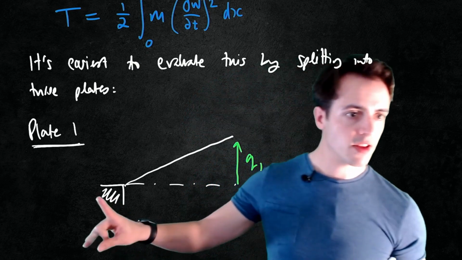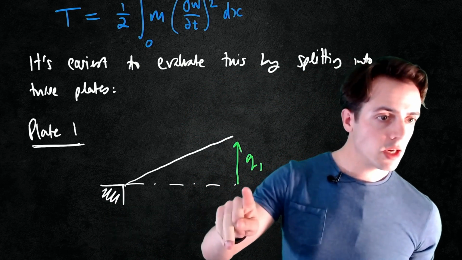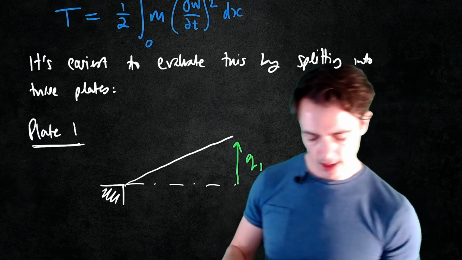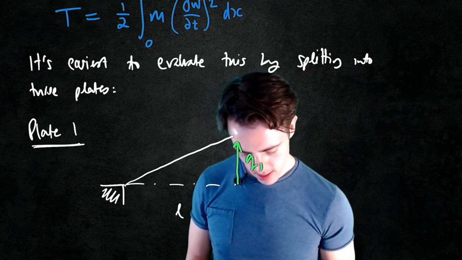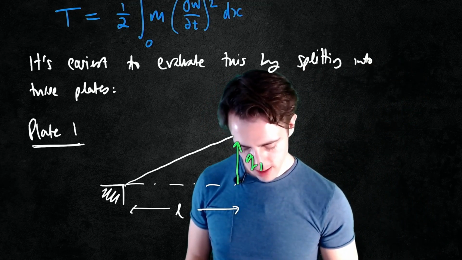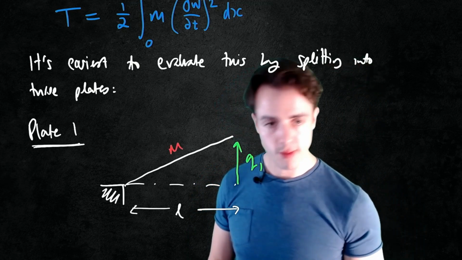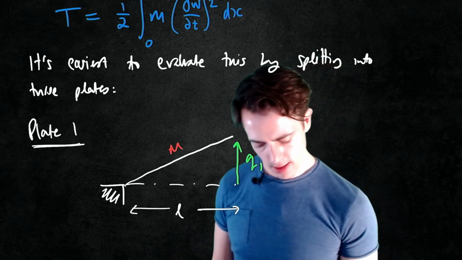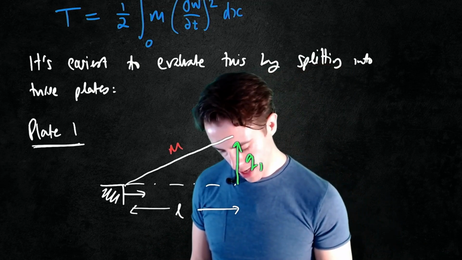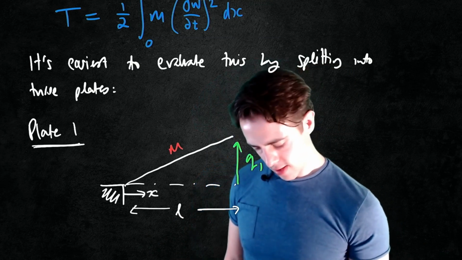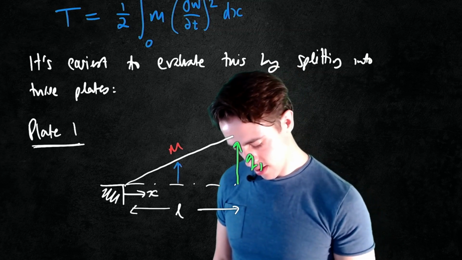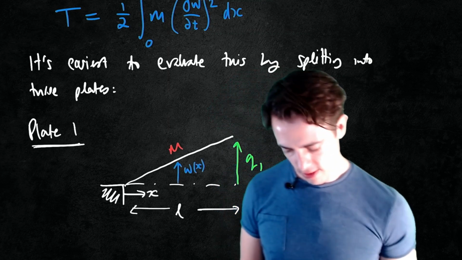So our first plate, the displacement at the rib is 0, and the displacement at the length L, or x is equal to L, is going to be Q1. And then we have this distributed mass m per unit length. Let's just remind ourselves that x is this displacement here. So what we need is an expression for w as a function of x.